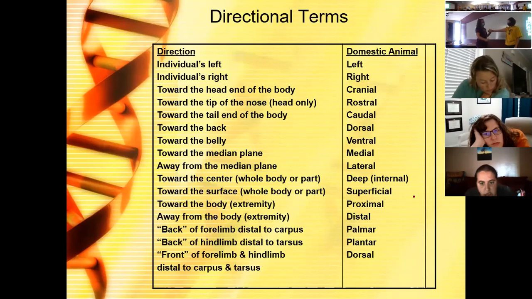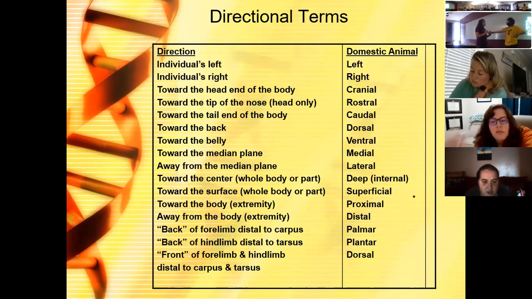Distal. If I am moving from your wrist to your shoulder, where is your shoulder compared to your wrist? What direction did I have to go to get to your shoulder? Okay, look at the arrow. I'm moving from your wrist to your shoulder.